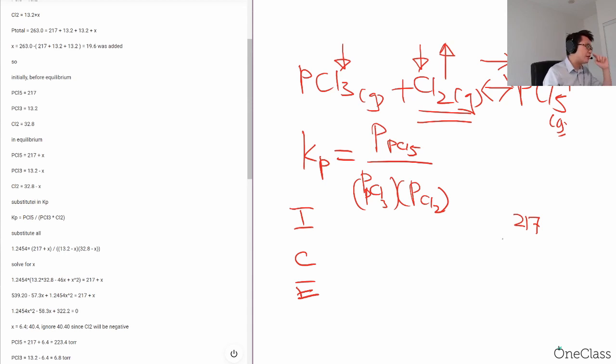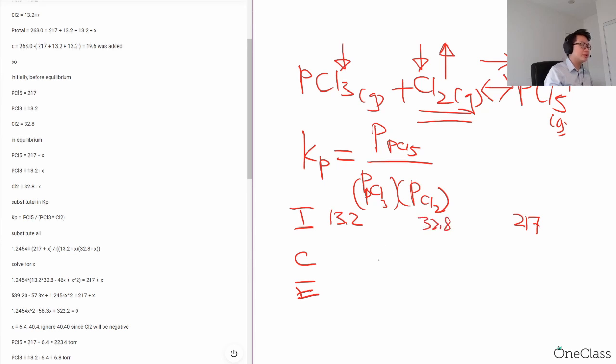So PCl3 is 13.2 torr, and chlorine is 13.2 plus 19.6, since 19.6 of chlorine was added. If you do the math, it's 32.8, so I'm going to change it to 32.8.